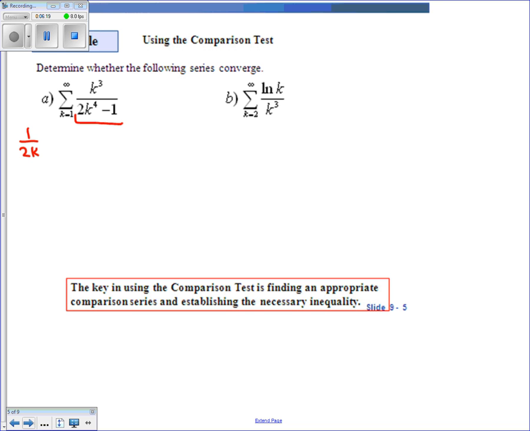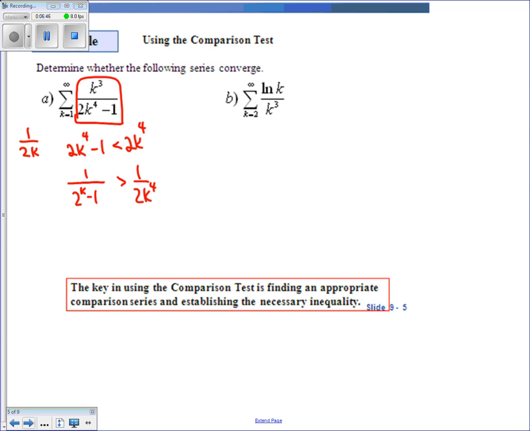So let's check. First off, I know 2k to the 4th minus 1 is smaller than 2k to the 4th. That tells me that 1 over 2k to the 4th minus 1 is going to be bigger than 1 over 2k to the 4th, just by taking the reciprocals of both sides and switching the inequality. Now, I'm trying to construct this.